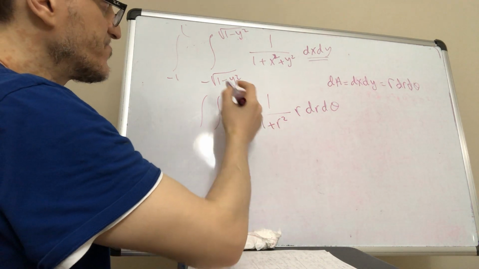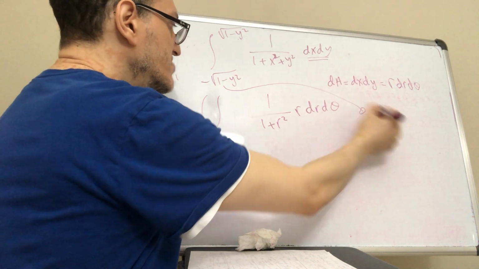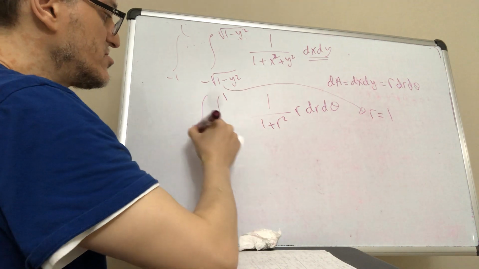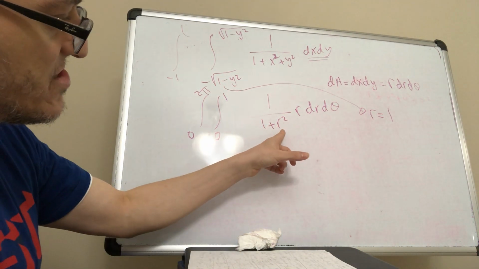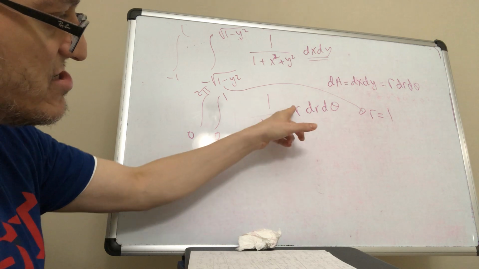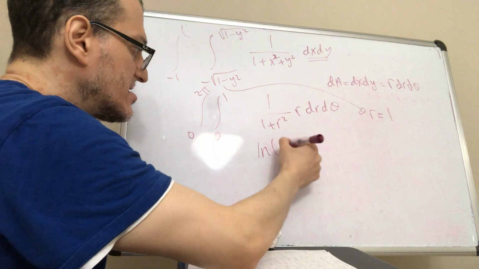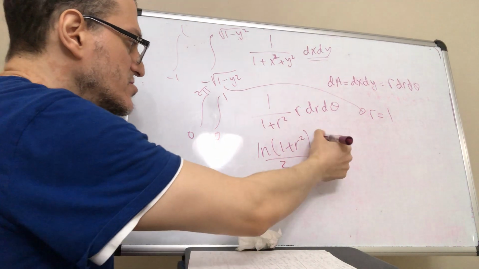Limits for r. I told you, from here, radius would be the square root of the number. So in radius, we're going 0, 1, complete circle. The derivative of the bottom is on top, so that's ln of the bottom right away. Ln of this, there is a 2 extra over 2.